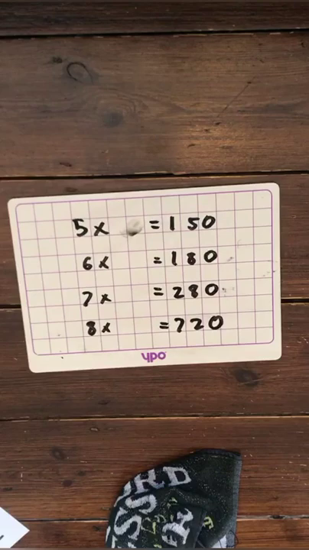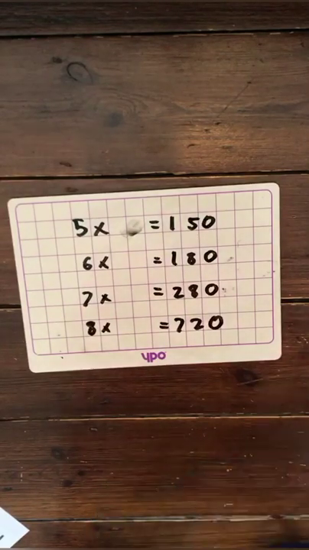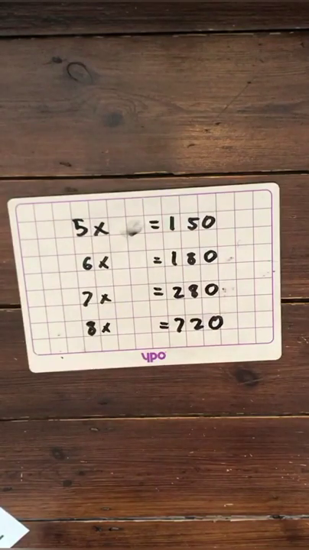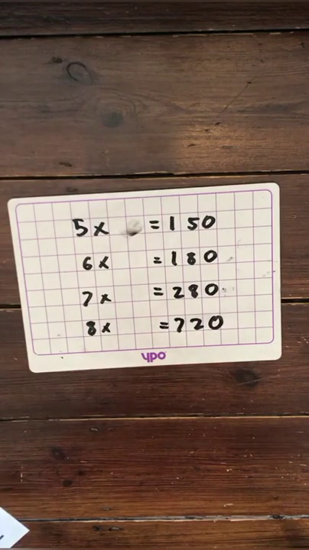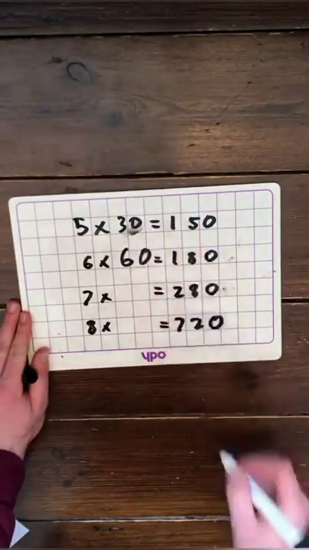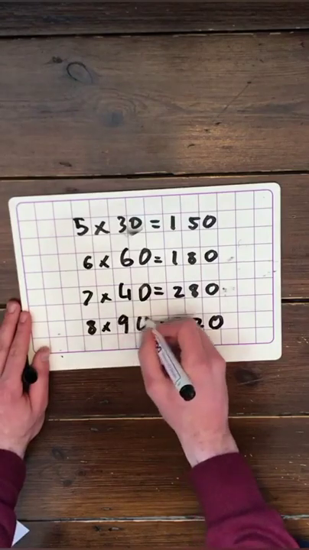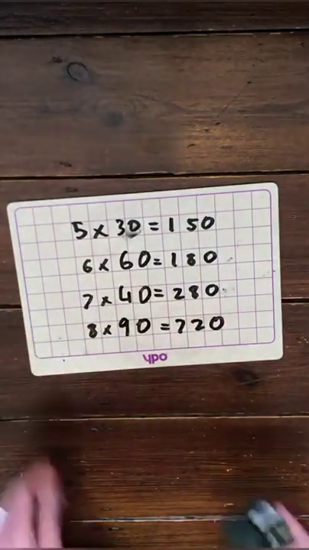I'll give you some thinking time. Okay, well, if you've got 30, 60, 40, and 90. Okay, let's move on.